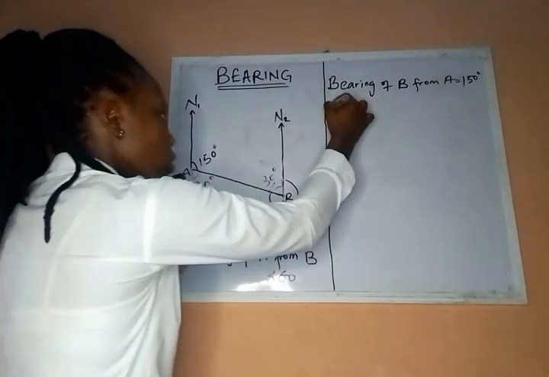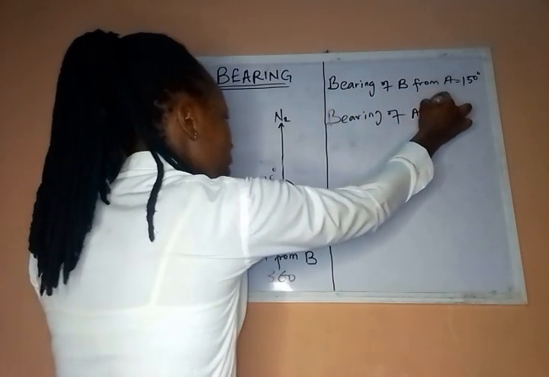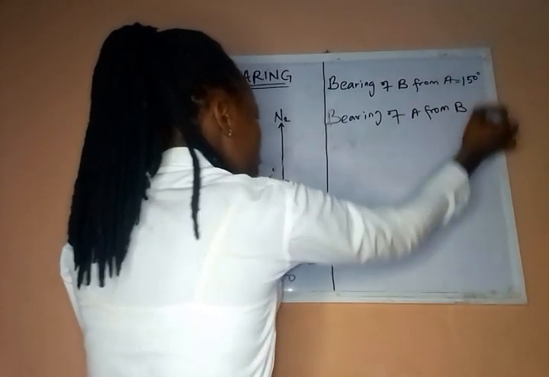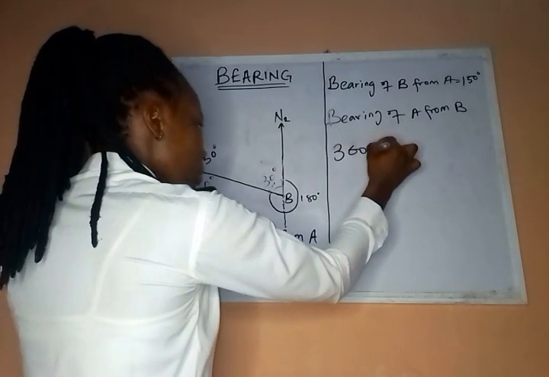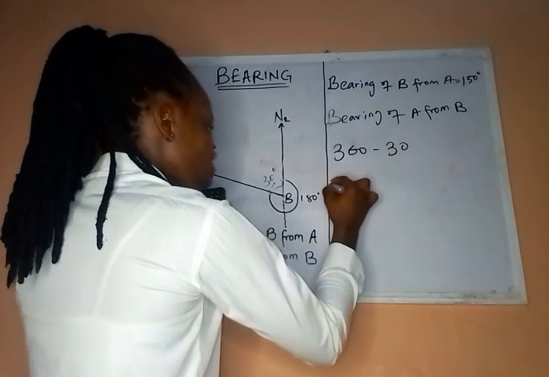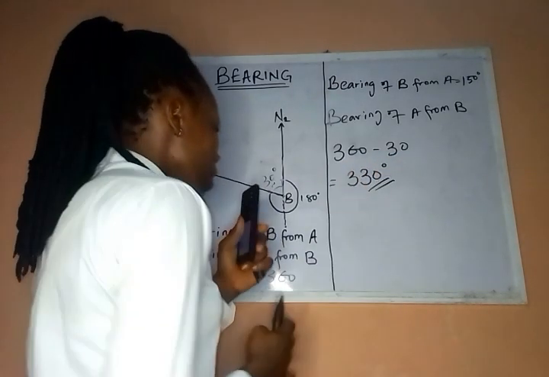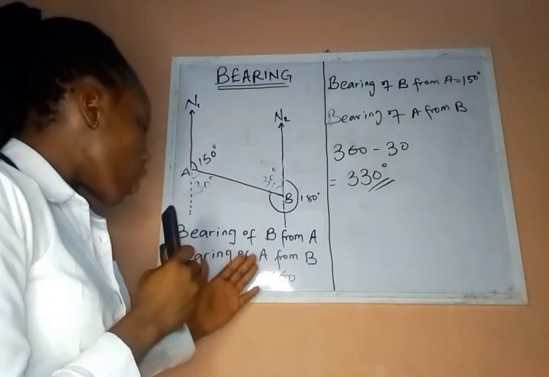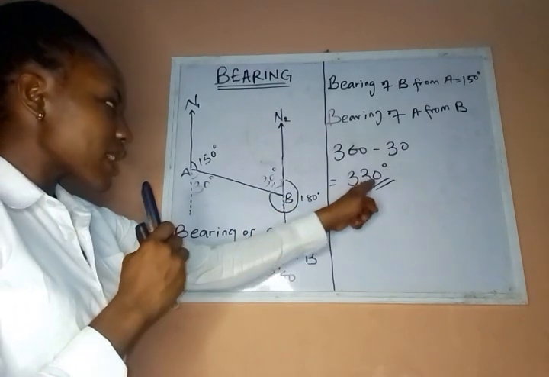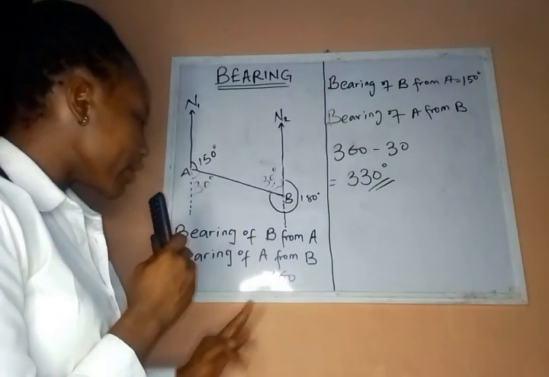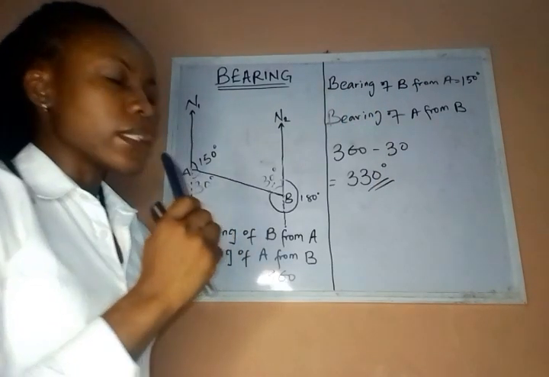So what we are going to do is bearing of A from B. We are going to have total sum of angle here, that's 360 minus 30, which should give us 330 degrees. So the bearing of A from B is equal to 330 degrees, and the bearing of B from A is equal to 150 degrees.